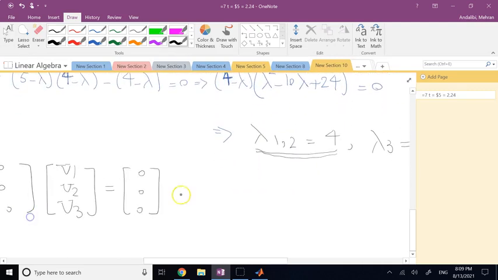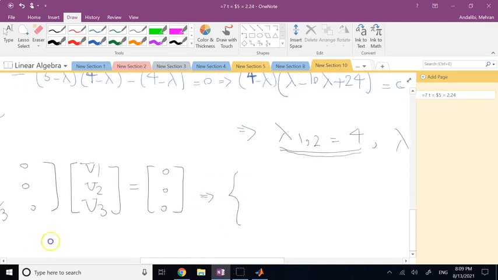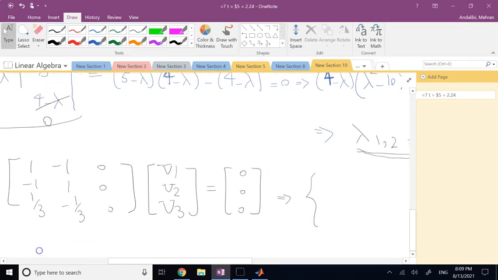And if you expand this, you'll get 3 equations, and if you look at all 3 of them, the result is the same. It's going to give you a ratio between V1 and V2. In all cases, the V3 is multiplied by a 0.